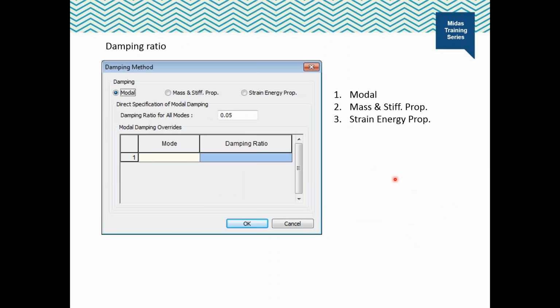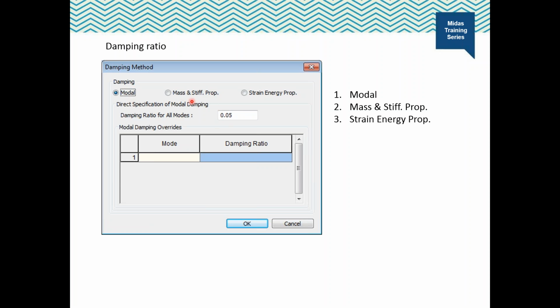The damping ratios are typically assumed to be 3% for steel structures and 5% for concrete structures. In response spectrum analysis, we can simply define the same damping ratio for all the modes using the Modal method.